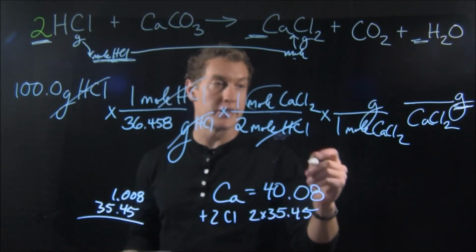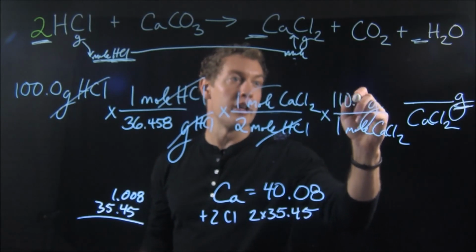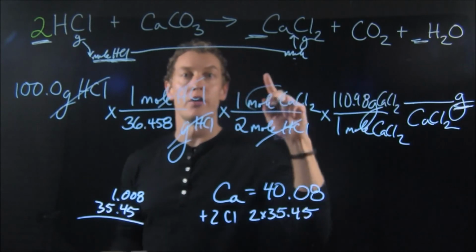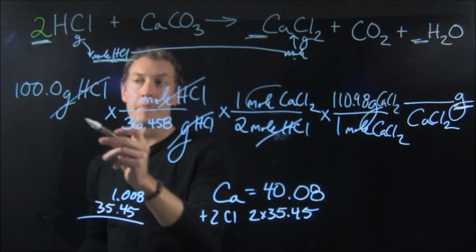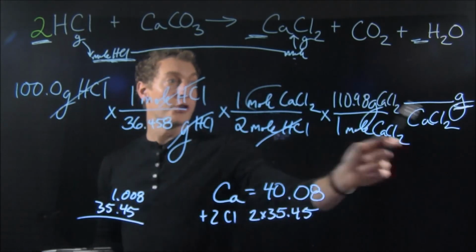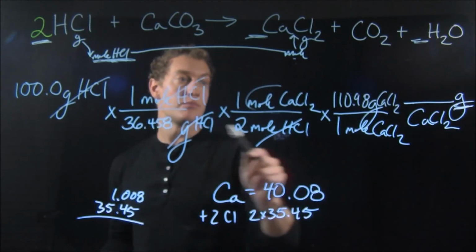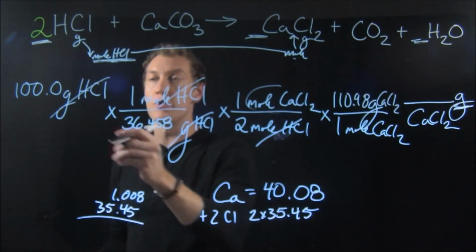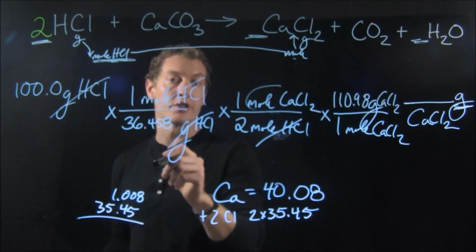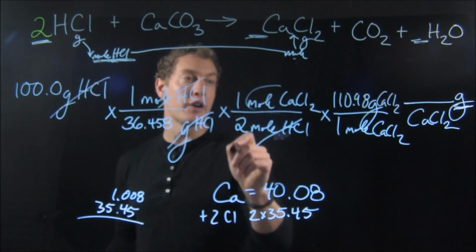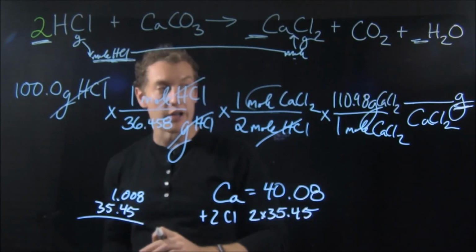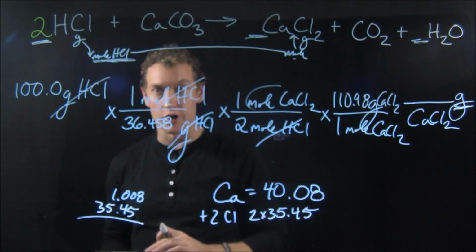And we get 110.98 grams of calcium chloride for every 1 mole of calcium chloride. Then we multiply across the whole top, multiply across the bottom, and divide. Or, however you like to do the math, 100 divided by 36.458 divided by 2 times 110.98. Doesn't matter how you punch it in, as long as you punch it in correctly.